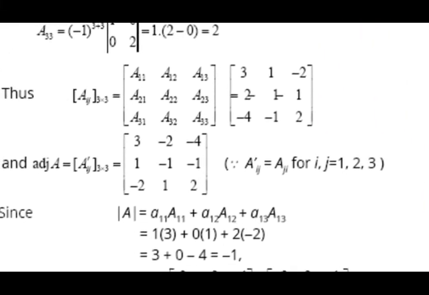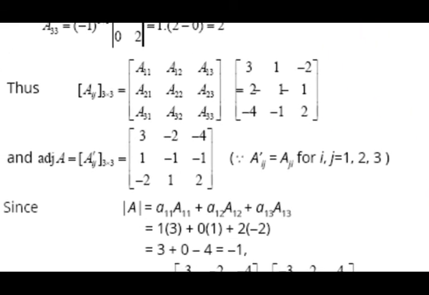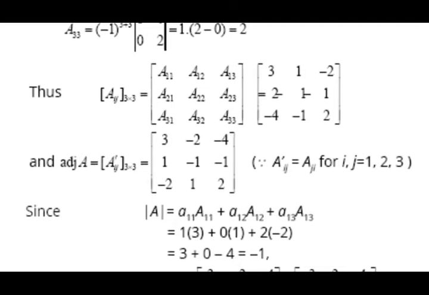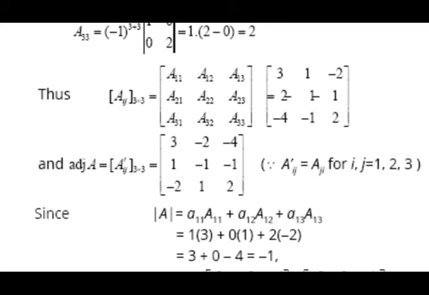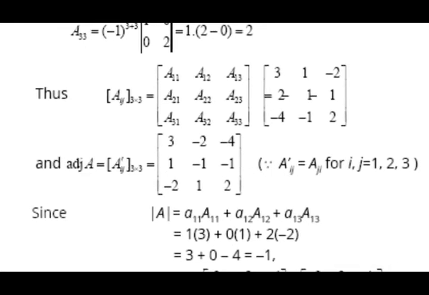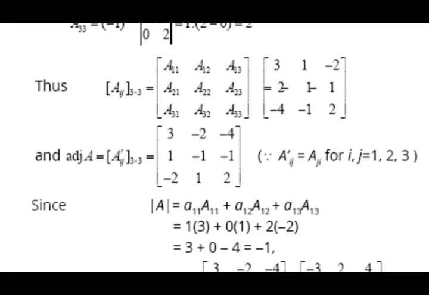And then we put them in matrix form, and its adjoint is its transpose. We write the cofactors in matrix form and then taking its transpose is called its adjoint.